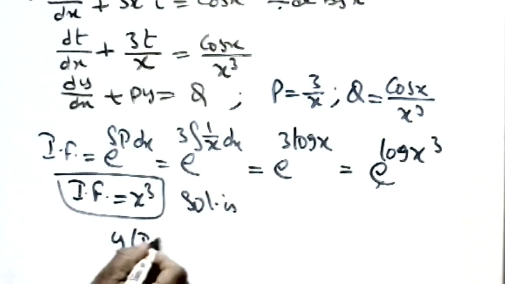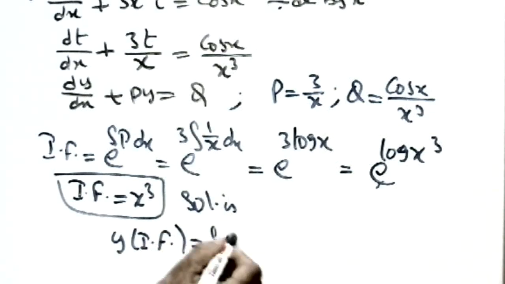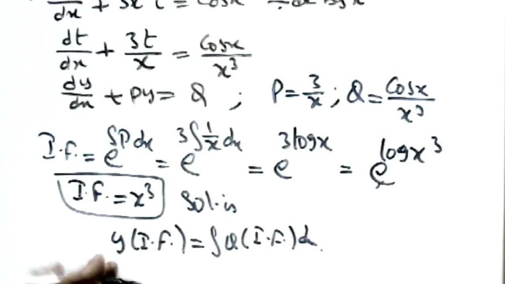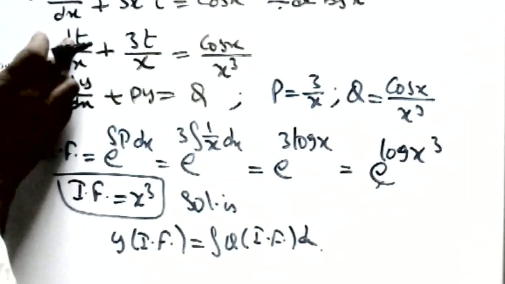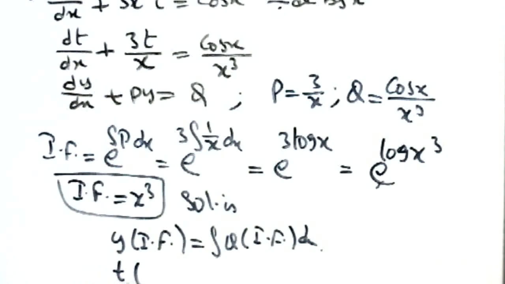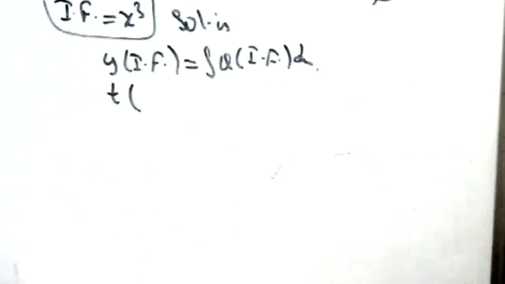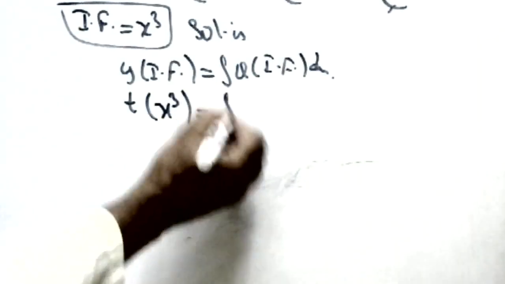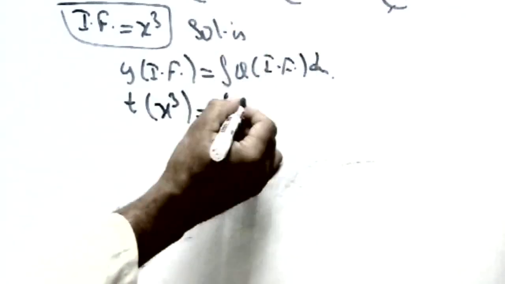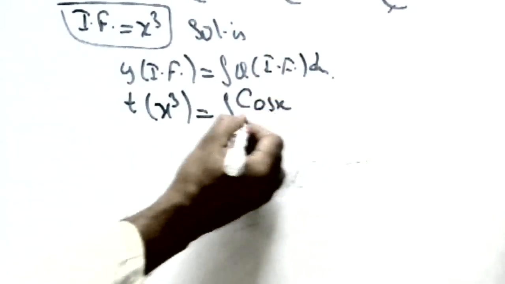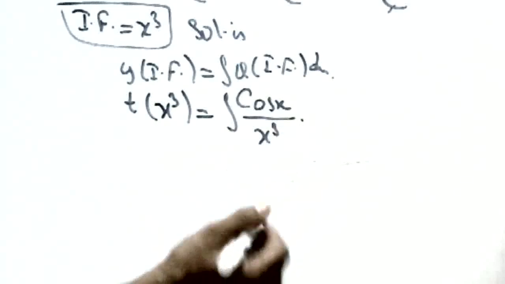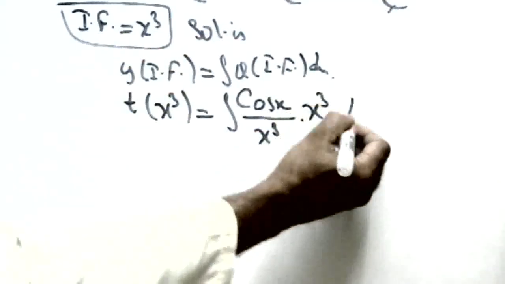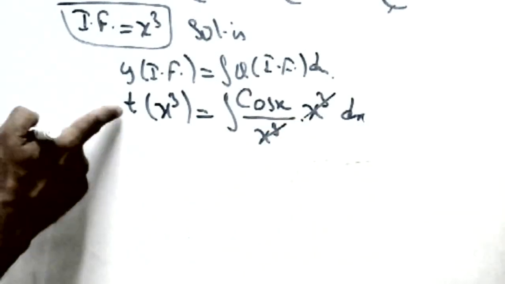Now the solution is y into integrating factor equals integration of q into integrating factor dx. Now we don't have y here; in place of y, we have t. So t into the integrating factor, which we got as x cube, equals integration of q, which is cos x by x cube, into the integrating factor x cube dx.